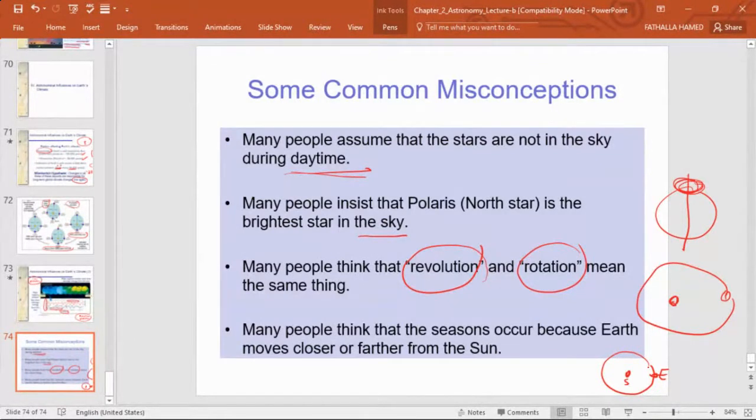Yes, the revolution of the Earth around the sun is important, because this is when the ecliptic, or the sun, is going to be either above the celestial equator or below the celestial equator.